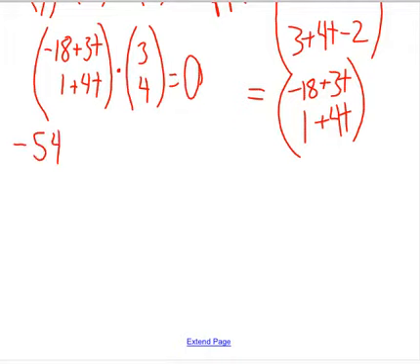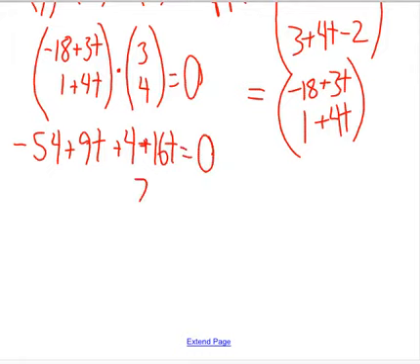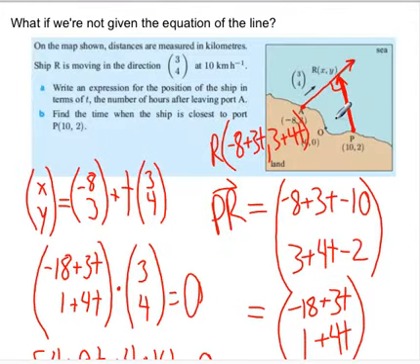Negative 54 plus 9t plus 4 times 1 plus 4 times 4t, that'd be 16t. Again, we got an easy equation to solve: 25t equals 50, so t equals 2. That's our time.